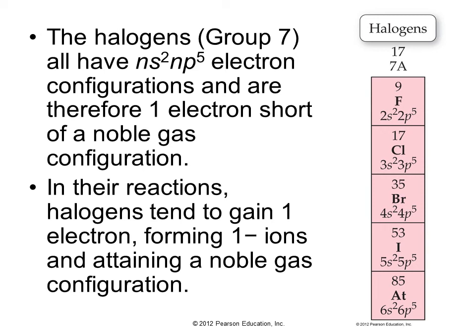The halogens, way on the other side of the periodic chart, right next to the column of noble gases, group 7A, or 17, can gain 1 more to fill their orbital and become like the noble gas configuration. So they tend to become an ion charged -1, picking up 1 electron to get to the inert or noble gas configuration.